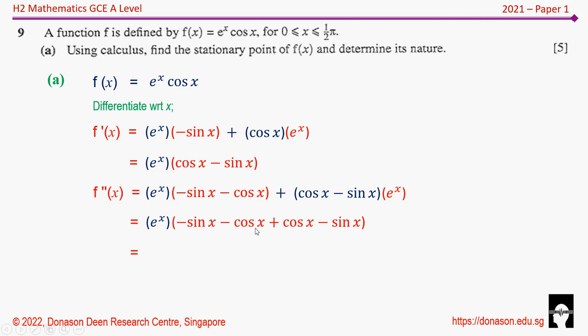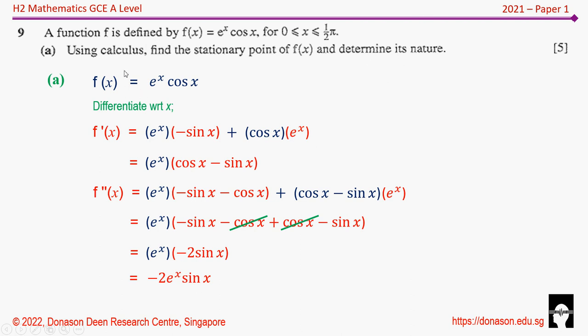Here we have a minus cosine x and a plus cosine x, which of course cancel. We are just left with minus sine x minus sine x, which is minus 2 sine x. We bring the minus 2 to the front and write it as minus 2 e to the power of x sine of x. So there we have the second derivative, which will enable us to determine the nature of the turning point.